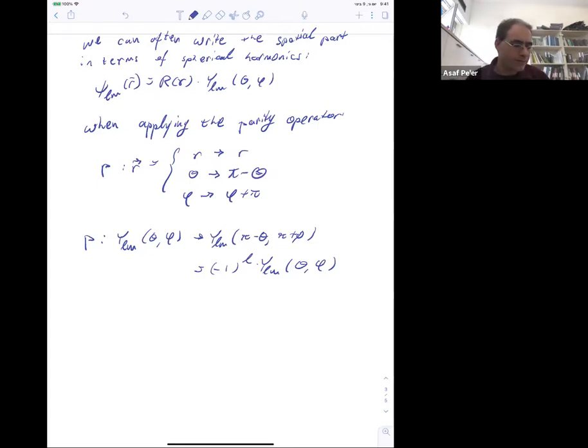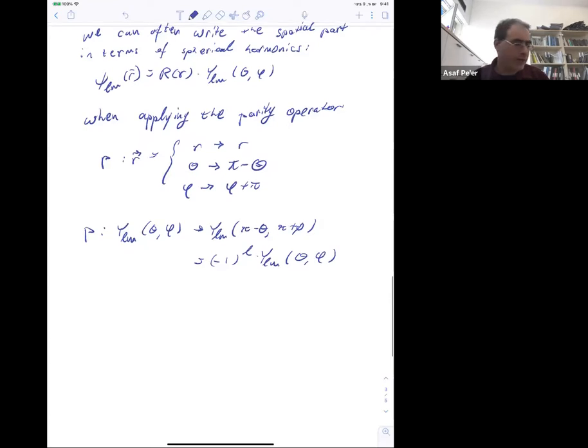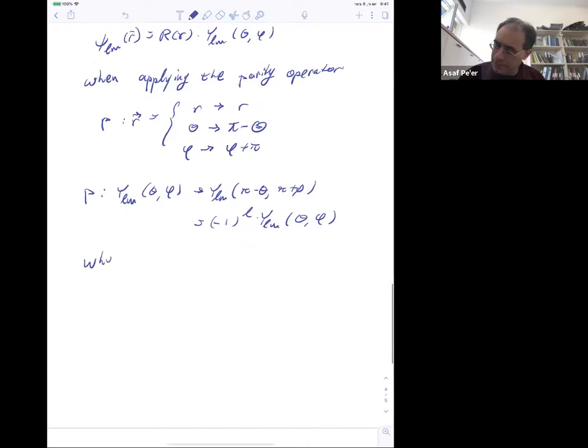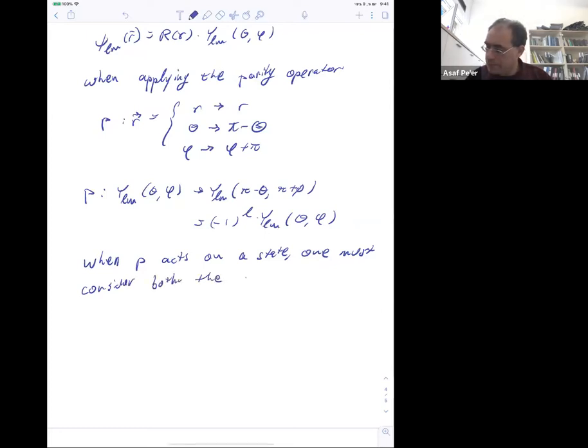So overall, when P acts on a state, and state means a particle, one must consider the spatial part and the intrinsic part.